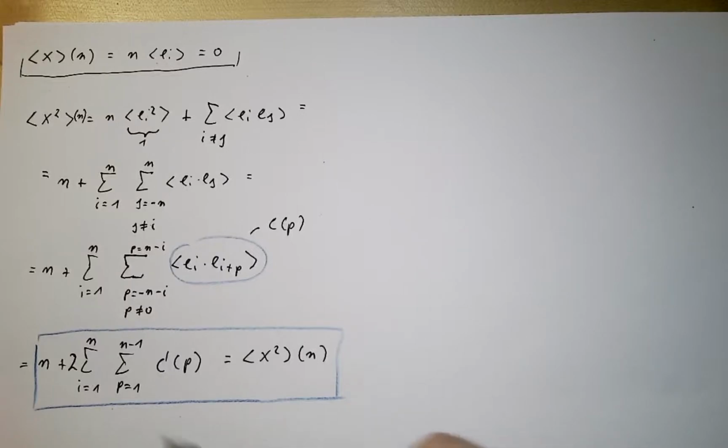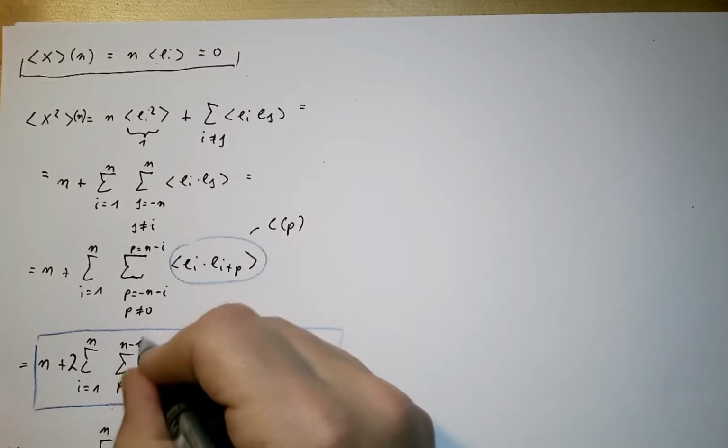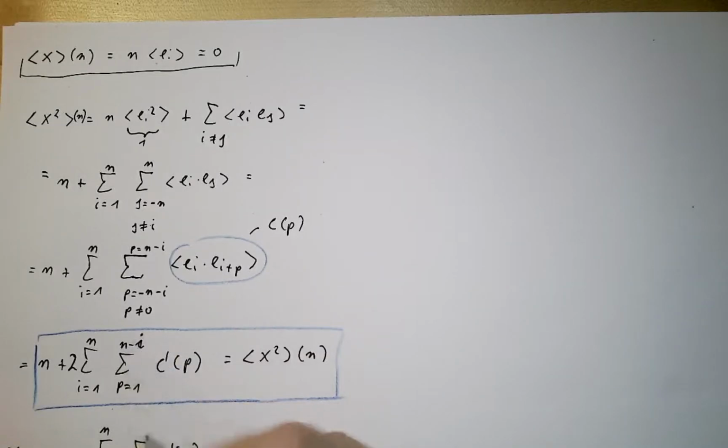So let's assume this c is a function which decays very fast, and then we can replace this sum, so we make an approximation: n plus 2 times the sum i equals 1 to n, that's the same. We have here the sum of our correlation functions, and now we have p equal 1, and then we don't sum up to n minus 1, but we sum up to infinity.